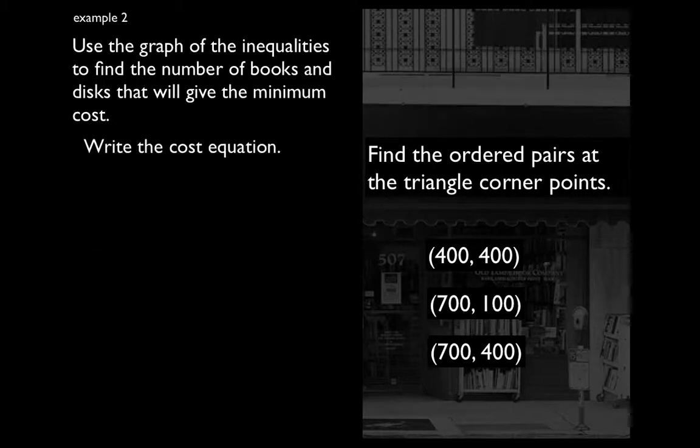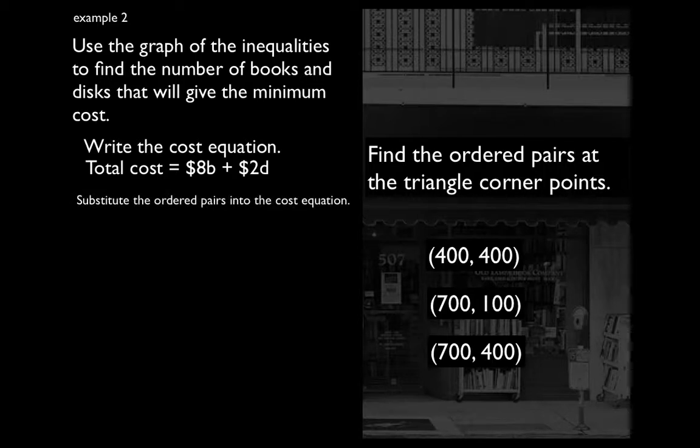So we're going to write out that cost equation. The total cost again is equal to $8 times the number of books plus $2 times the number of discs. Let's substitute the ordered pairs into the cost equation. If we substitute 400, 400, we get 8 times 400 plus 2 times 400, which is $4,000.